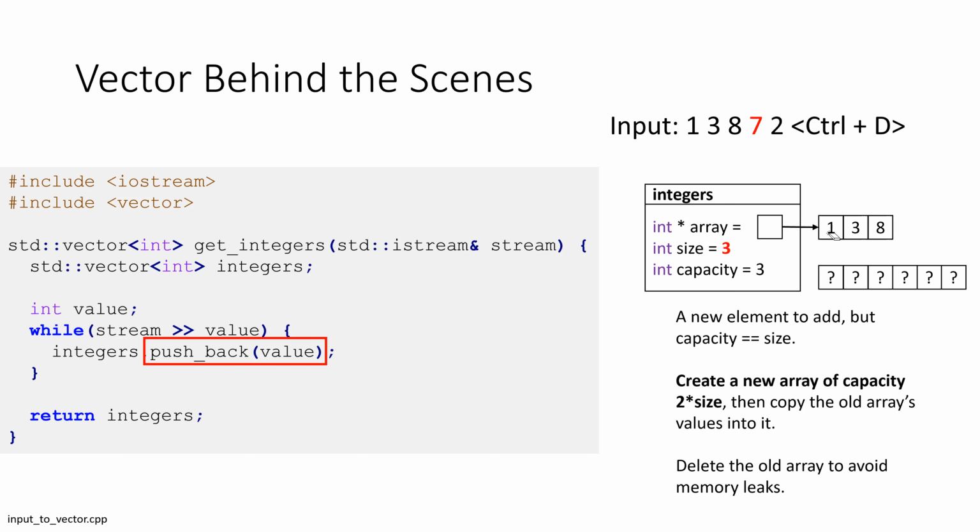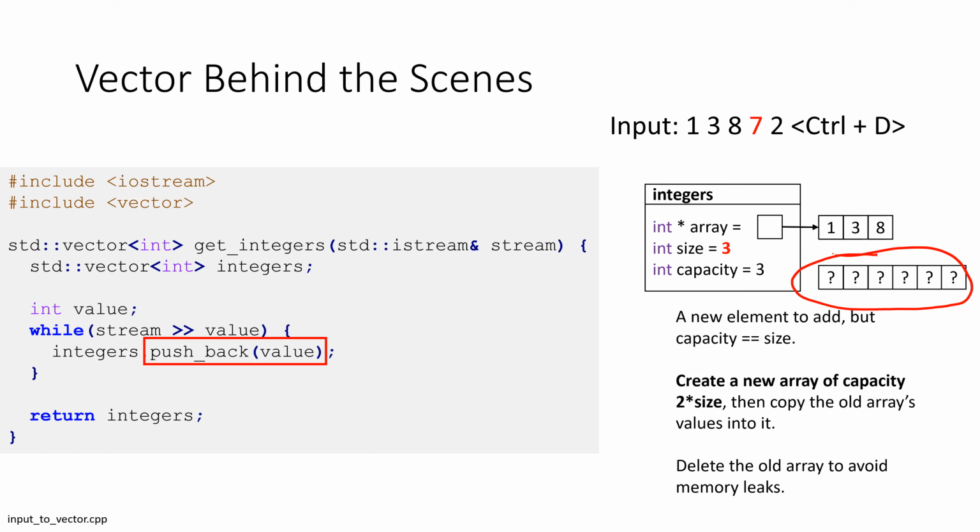Now we go through and we get the number 7. And this one's more interesting because we're out of space. Okay, so we only had room to store 3 things, and we've stored 3 things. So inside the vector code, like the pushback member function, it checks, do I have room for this? It finds I don't have room for this extra number. It allocates a new array of integers, and it'll double the size.